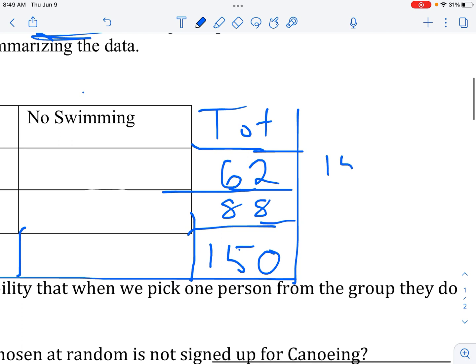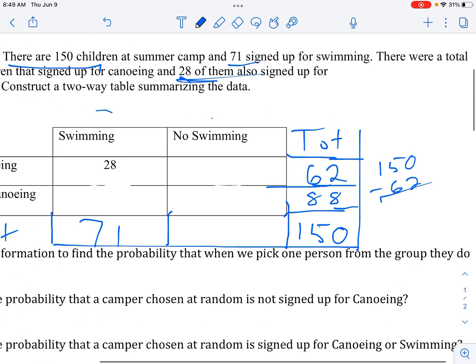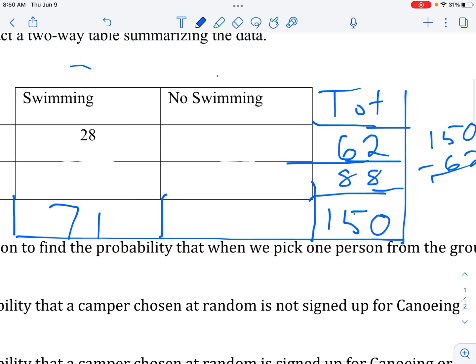So that was 150 minus 62 is how I got that. And then over here, I need to do 150 minus 71, and so that's going to end up with 79 for the no swimming. All right, so now I kind of have some totals to work with.